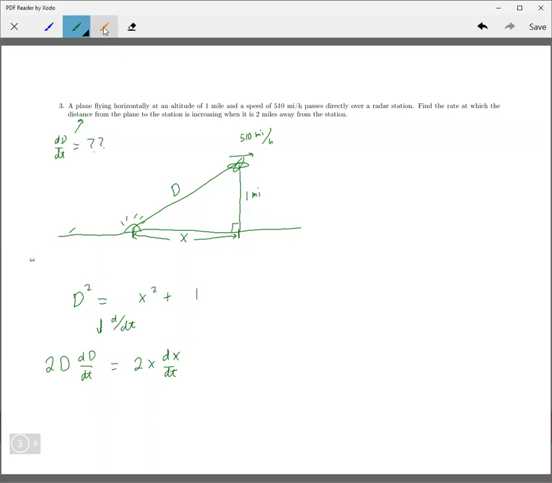Okay, now we can cancel these 2's. Yay. And bring this capital D to the left-hand side. So we've got dD/dt equals x over D times dx/dt.